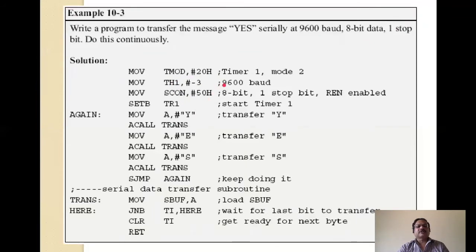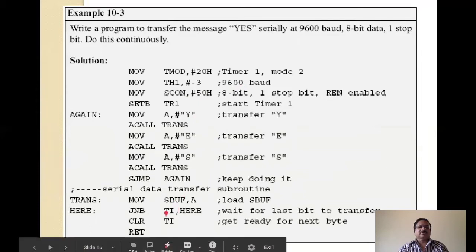Here you can see now 9600 is the baud rate, so the value is -3. And here setting the run control bit to start timer 1. And now the first character is taken, Y, that is written in the SBUF using the transmit routine.